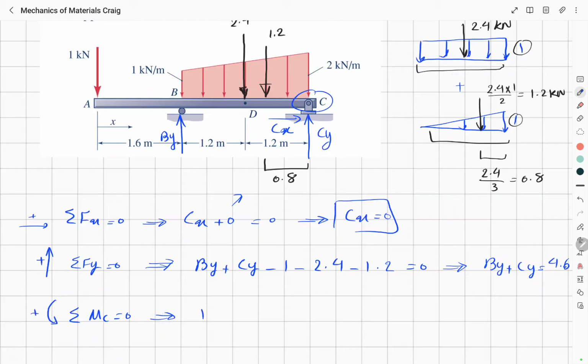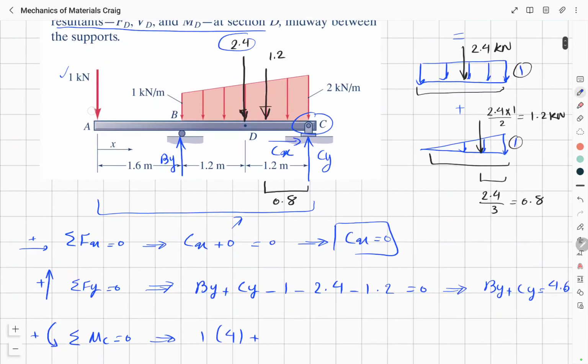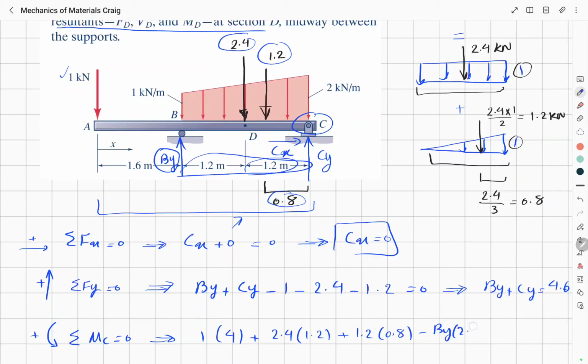So 1, which is this force, multiplied by this distance, which is 4 meters, plus 2.4 multiplied by this distance, which is 1.2, plus 1.2 multiplied by this distance, which is 0.8, minus By multiplied by this whole distance, which is 2.4, is equal to 0.